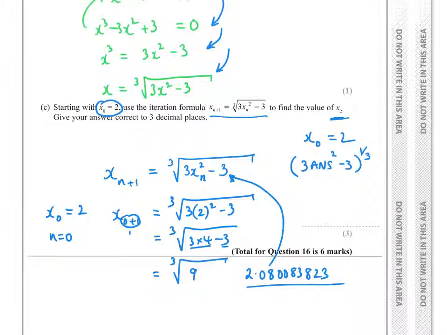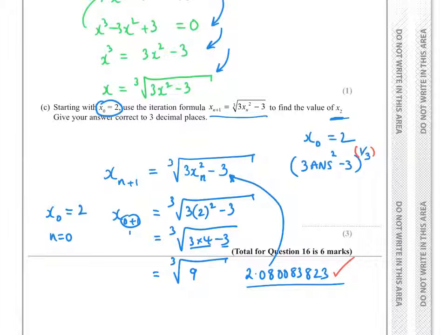Brackets 3 ans to the power 2, so squared, minus 3, close brackets, to the power, and then I'm going to put brackets around here so there's no confusion. 1 divided by 3, close brackets, press enter, and I'll get this value here.